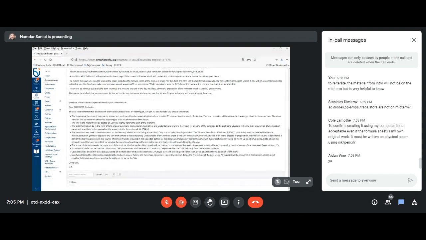The scope of the exam is already talked about. It will be to the end of the topic of multi-stage amplifiers, and we will do a complete review as we did. A simple calculator can be used for calculation. Please do not use cell phones as a calculator. In fact, your cell phone must be off and away from you.